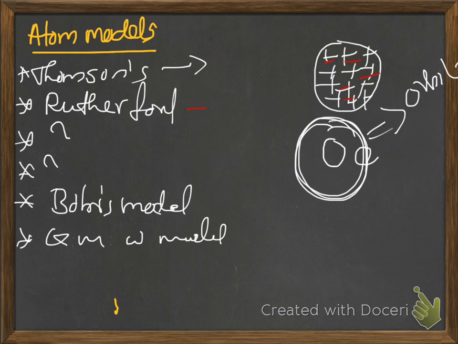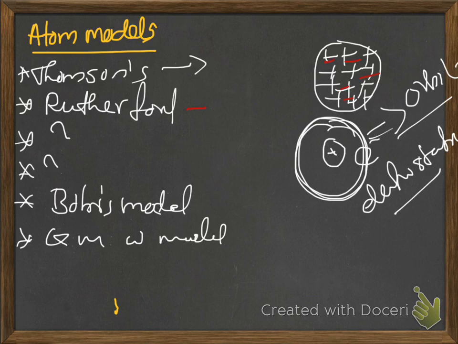The attraction between the positively charged nucleus and the negatively charged electron is purely electrostatic, which was his third assumption. By these three assumptions, he came to the end of his model.